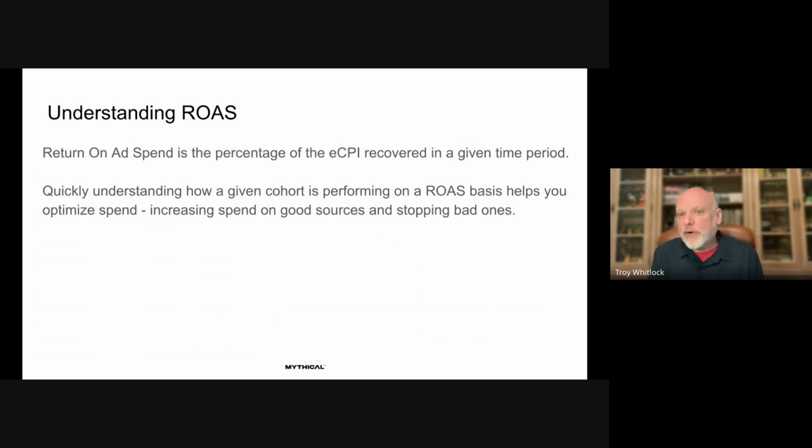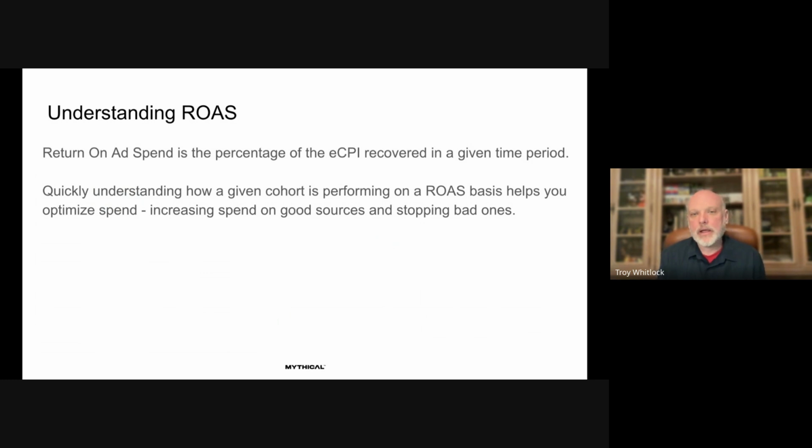Waiting for a ROAS to mature to its full LTV target takes a really long time. ROAS, or return on ad spend, is a way for us to understand performance on a much shorter time scale. It's basically a percentage of eCPI that's recovered in a given time period, usually a few days or a couple of weeks.